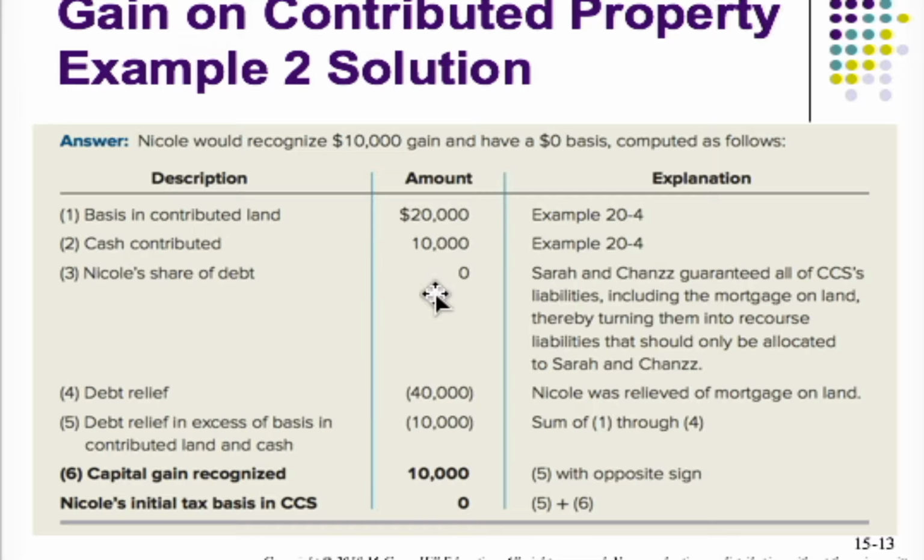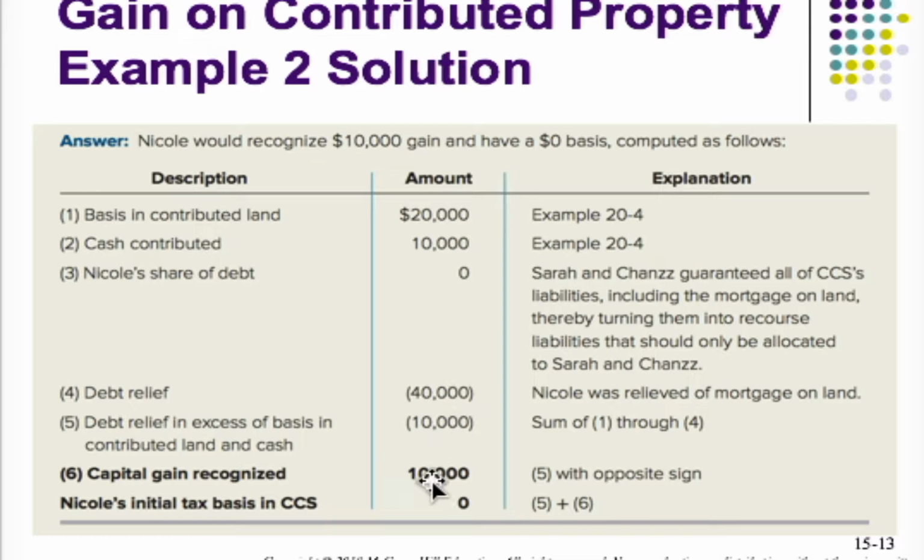Her share of the debt would be 0 there. So debt relief would be $40,000, and $10,000 based on the amounts in excess of basis in contributed land and cash, and debt relief there.